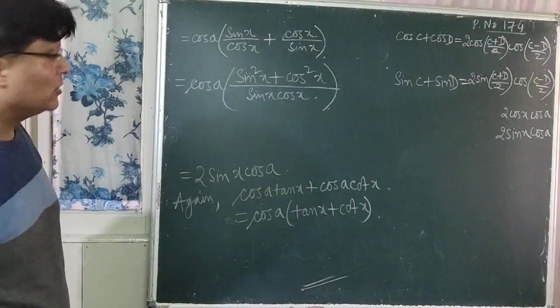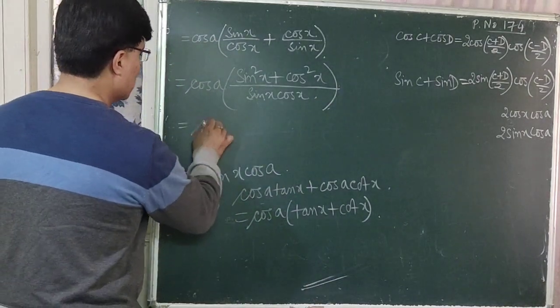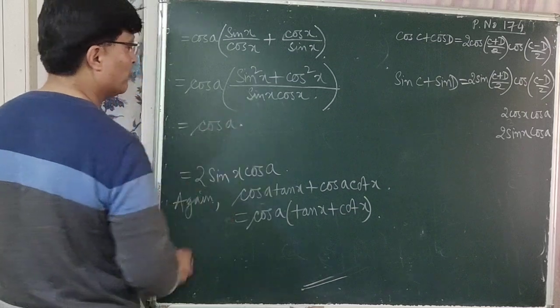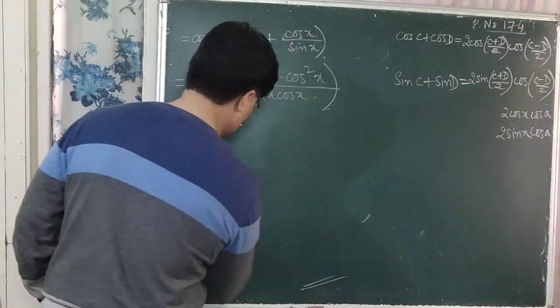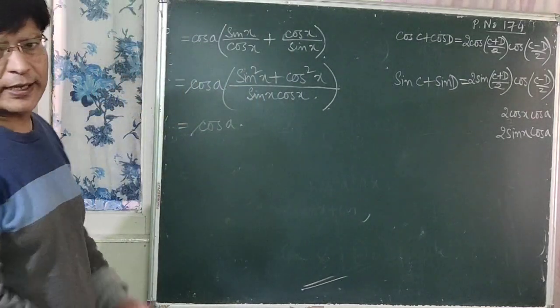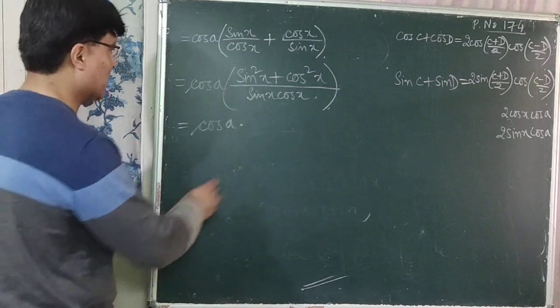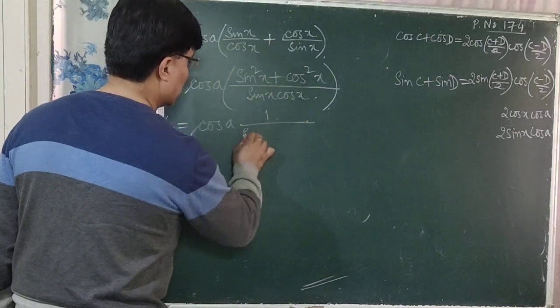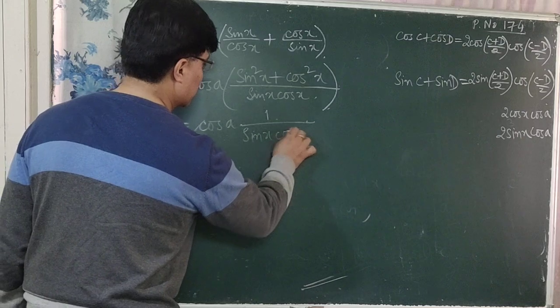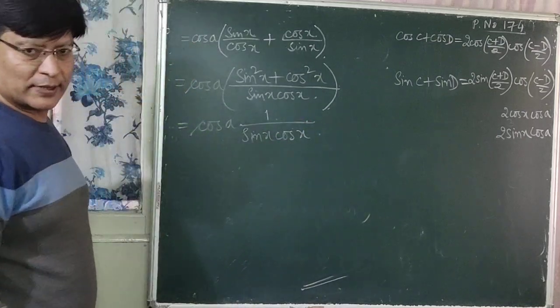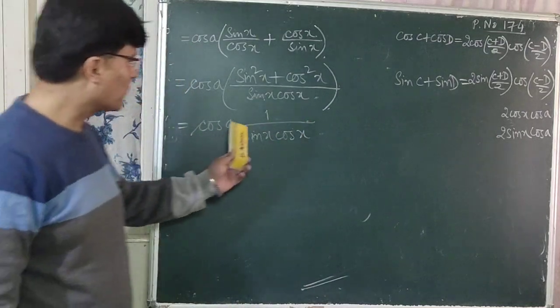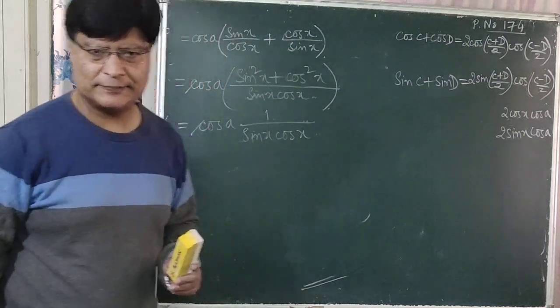Is that right? Okay. So which is equal to cos a into, now you know this formula. What is sin square x plus cos square x? 1 divided by sin x cos x. Is that right? Okay. Now here this is sin x cos x.